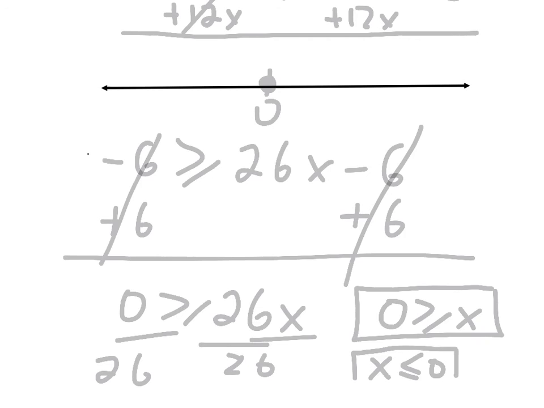Then we have to decide, should we shade the left side or the right side? Think about this. 0 is bigger than what numbers? Do we agree that 0 is bigger than negative numbers? So I have to include the negative numbers. So this is your final answer. Thank you.